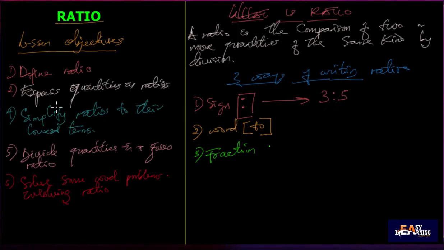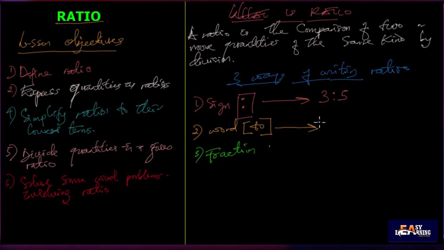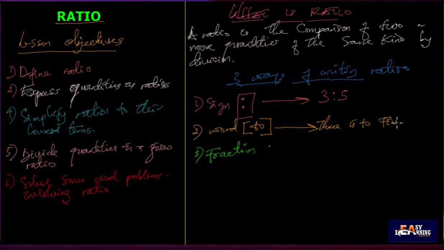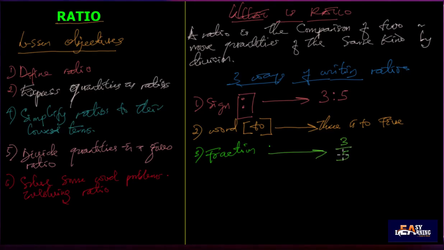This is one of the ways of writing ratios, and the second way is using word. You can say 3 is to 5. You can spell it out. It can be in another word form during word problems, as you're going to be seeing in some examples. And the fraction form, you can have it as 3 all over 5.